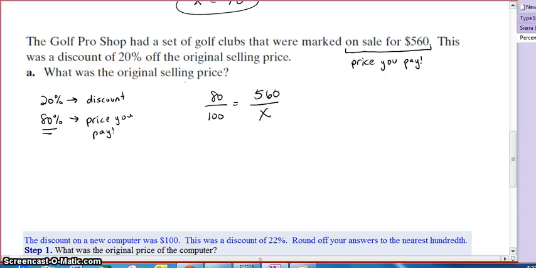Again, I want to get x by itself. I need it out of the denominator. I need to get x by itself, so I multiply by the reciprocal.